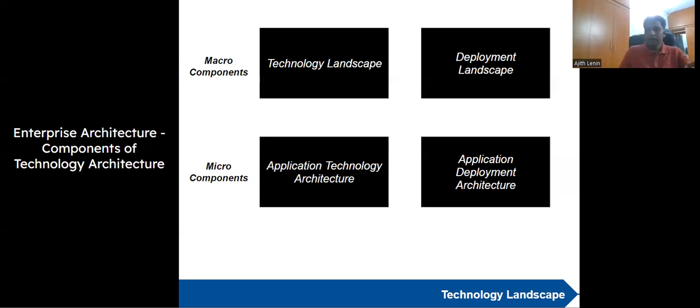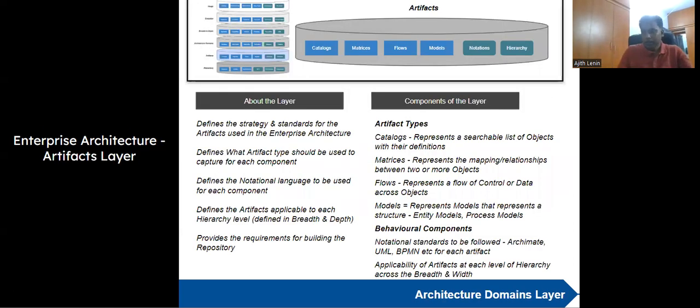Application technology architecture gives the micro level of what technology components are being used, and application deployment architecture is the micro level of how the application is going to be deployed: what redundancy we are going to bring in, how fault tolerance or load balancing is applied, etc. So that covers the architecture domains layer. And then comes artifacts.